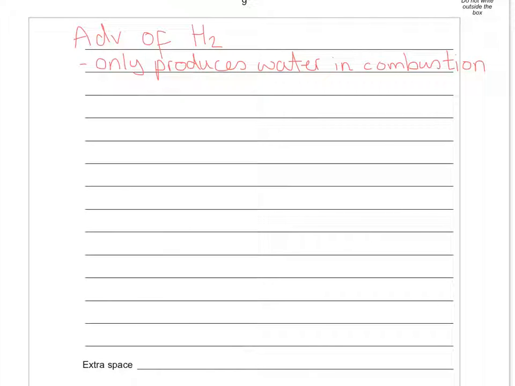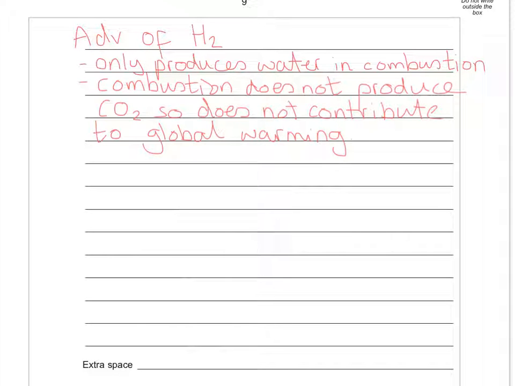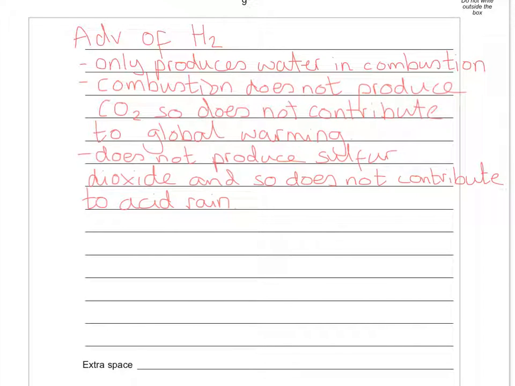So one advantage of using hydrogen is that it only produces water. You could have also picked up another mark from saying that combustion of hydrogen does not produce carbon dioxide, so it does not contribute to global warming or climate change. And you could also have said that combustion of hydrogen does not produce sulfur dioxide, so it does not contribute to acid rain. For this section of the advantages of hydrogen, you could have also talked about the disadvantages of using petrol.